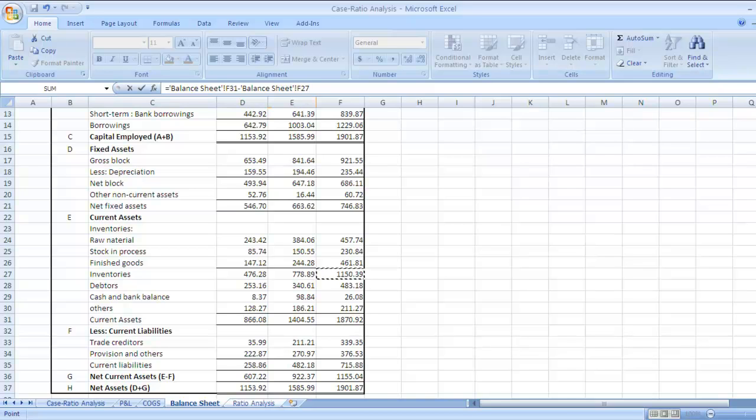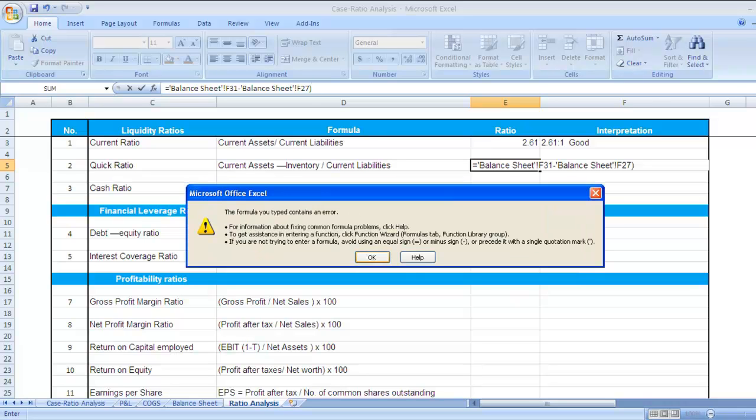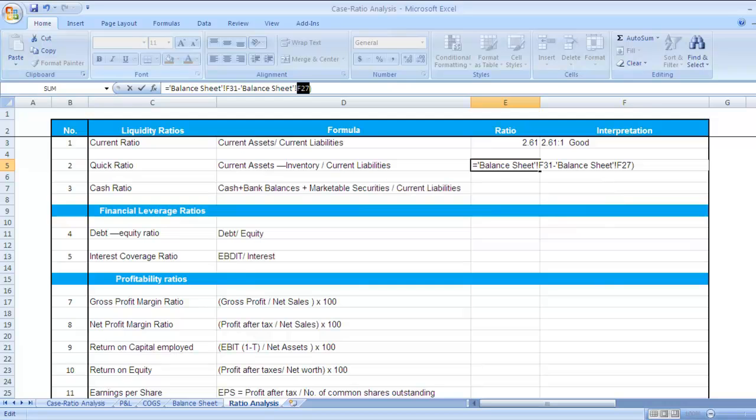Now you can put parenthesis here, and this divided by current liabilities.